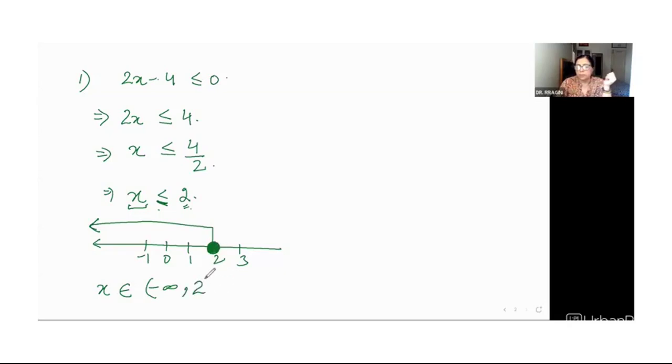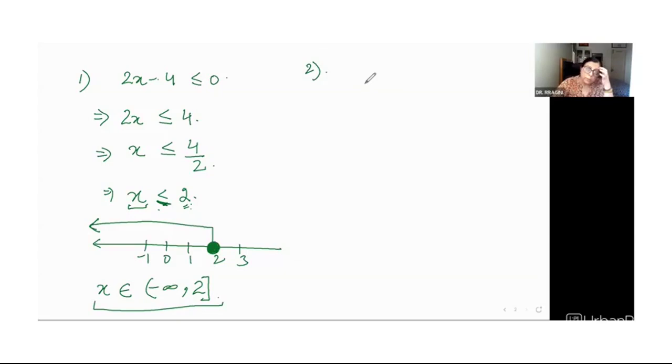And since 2 is included, it is closed from this end. Had 2 not been there, then we would have used an open interval. But since the equal to sign includes 2, it is a closed interval. So this is the solution of this inequality, right? Let me do one more question.